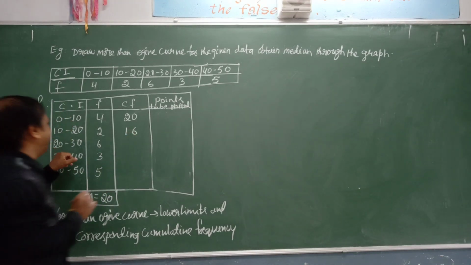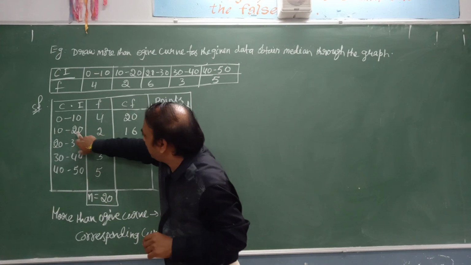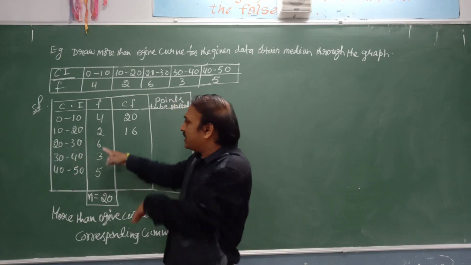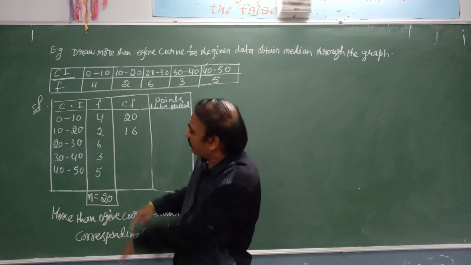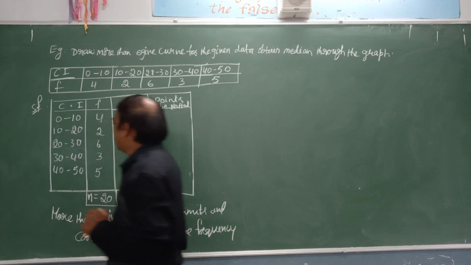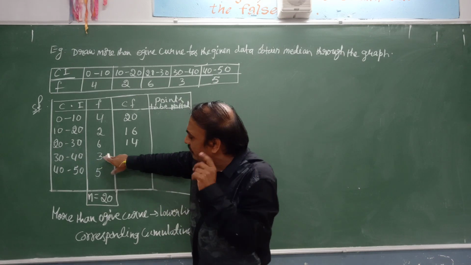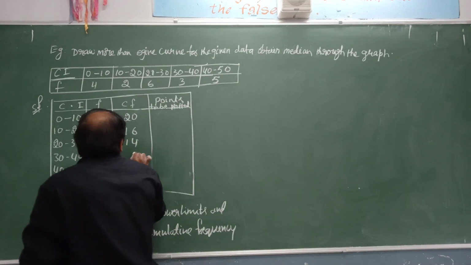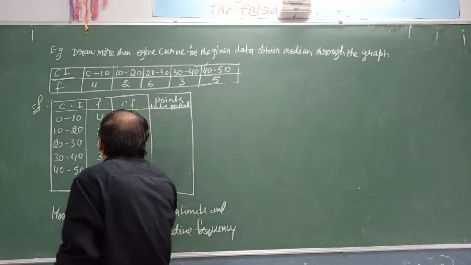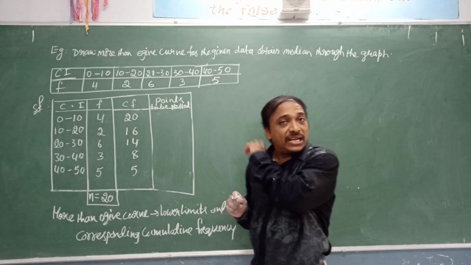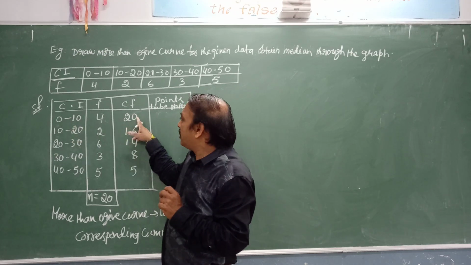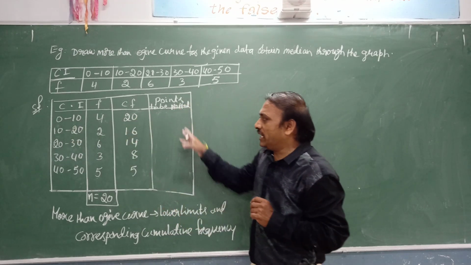Next, more than 20 means these two will not be included; all of these will be included: 6 plus 3 plus 5, that is 9 plus 5, 14. Next, more than 30 means only these two will come: 3 plus 5, 8. Then more than 40 means we have only one observation, that is 5. You see how I am taking class intervals, cumulative frequencies and points to be plotted.